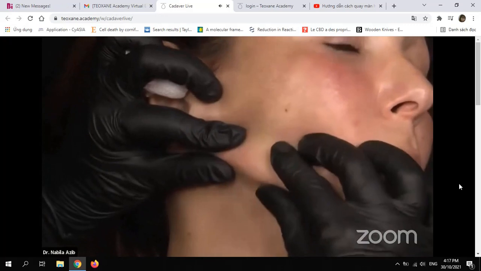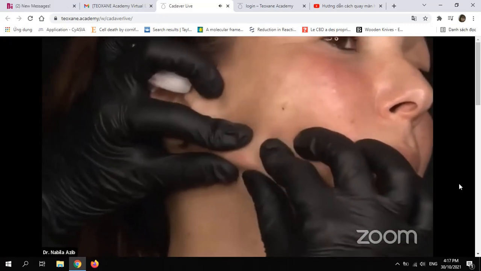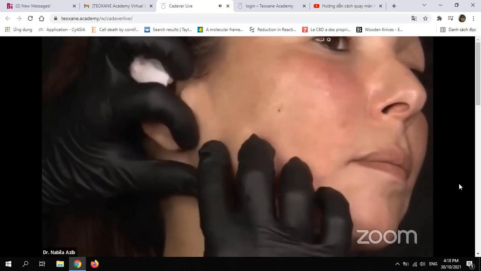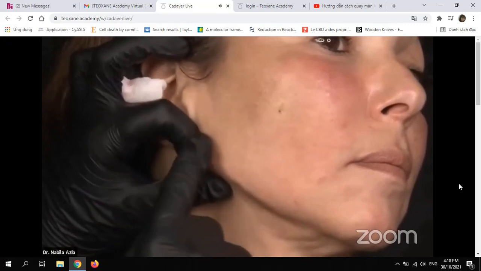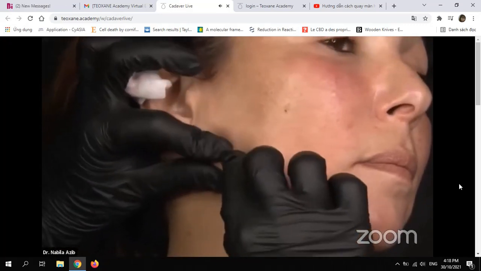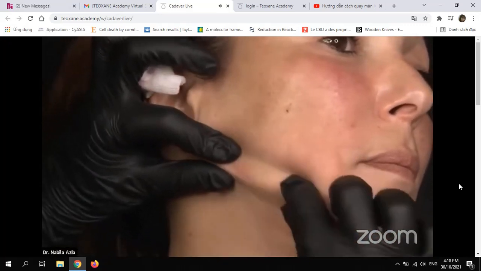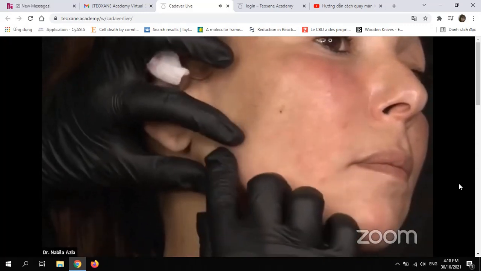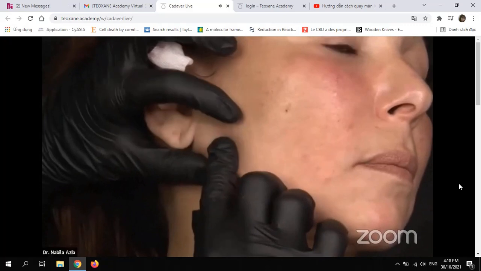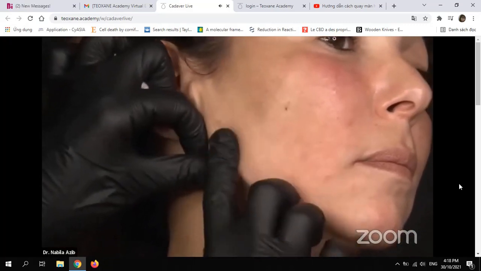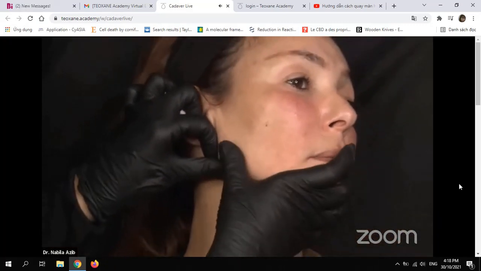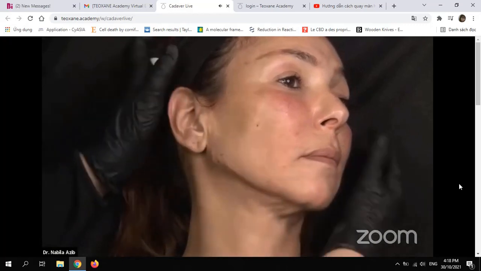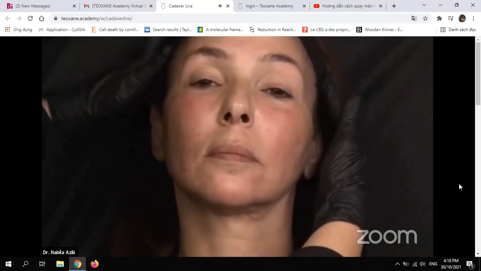Ça va, Elena? What quantity of product did you use in total? So I injected 0.4 ml at the angle, deep, of total alpha, and superficially I used all the syringe of Teosyal RHA 4 in the superficial layer. What is the average quantity for women and for men when you are treating the lower third?